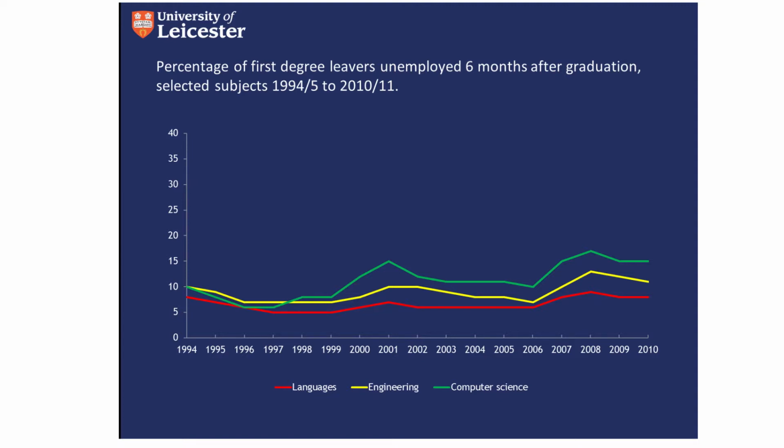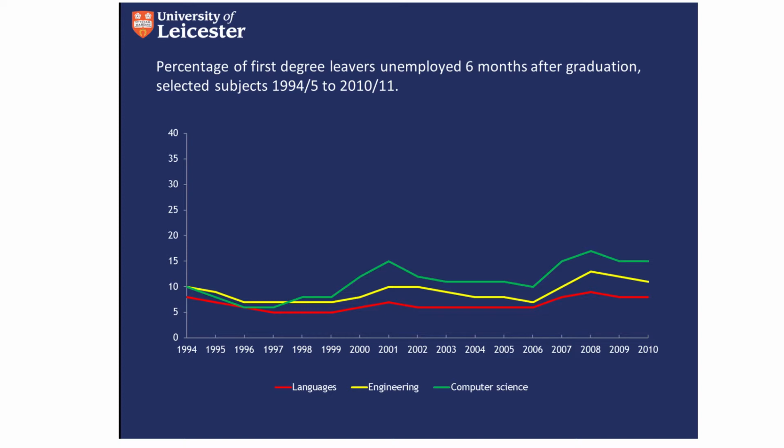Now, this doesn't mean that they're going to be unemployed a year after graduation, but as a benchmark 6 months after graduation, in comparison with students in many other fields, that's quite high. And also what's interesting is that a large proportion of engineering and computer science undergraduates don't stay on for further study after graduation. They do go and seek employment.